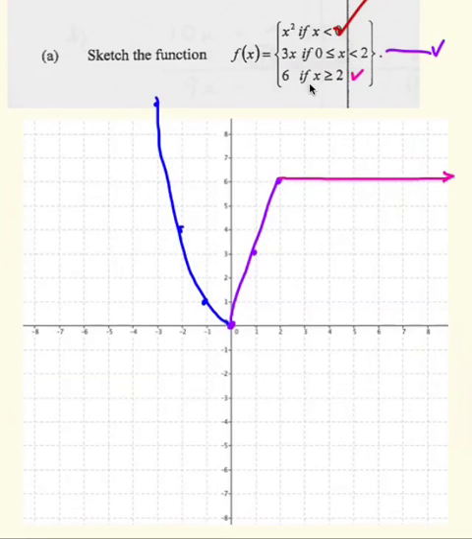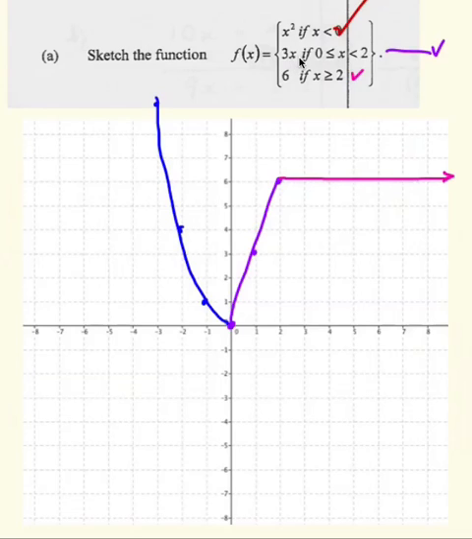Now, just quickly to look at this, if this component here said 3x plus 1, okay, if that was a plus 1 there, then when x equals 0, this would be 3 times 0 plus 1, which is 1.